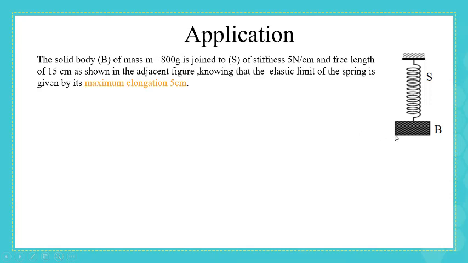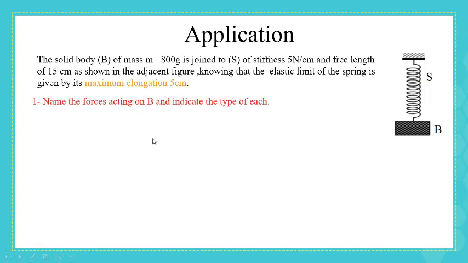So they gave you that this is the solid body B, its mass is 800 gram. This is the spring S, of stiffness constant 5 Newton per centimeter. Its free length is 15 centimeter. The maximum elongation of this spring is 5 centimeter.